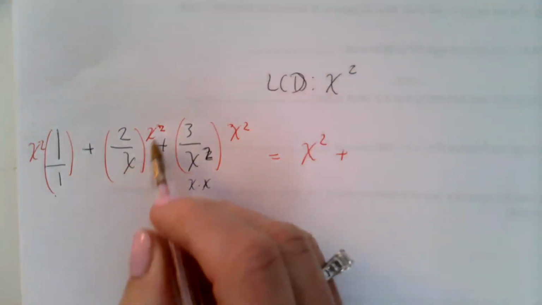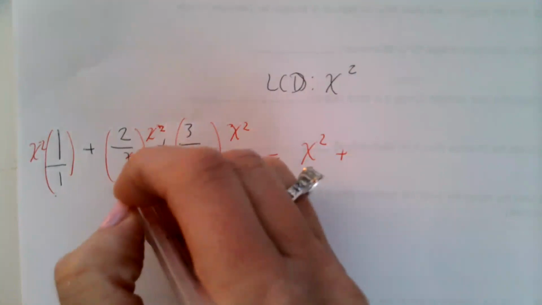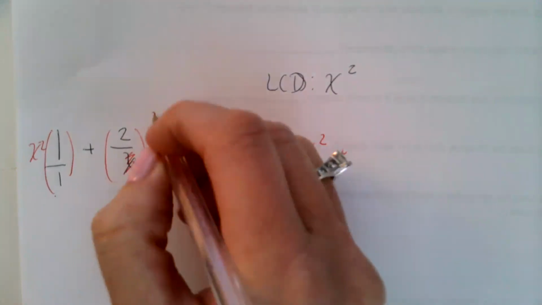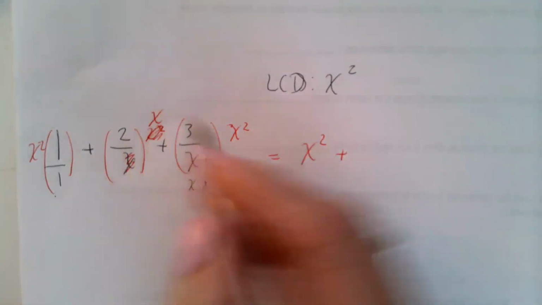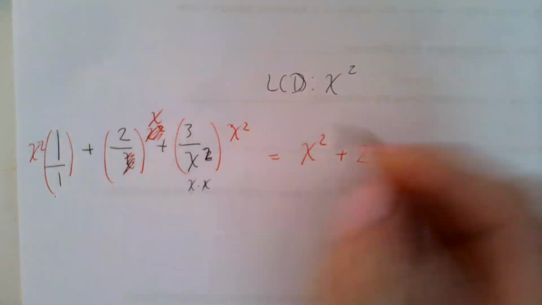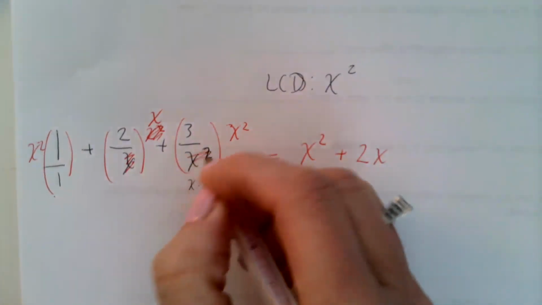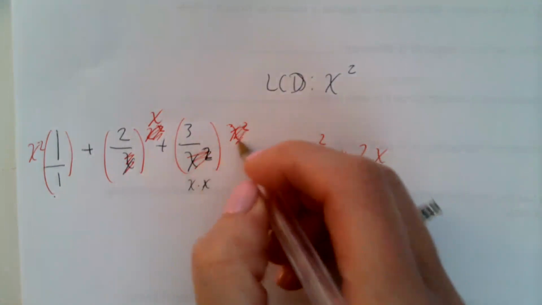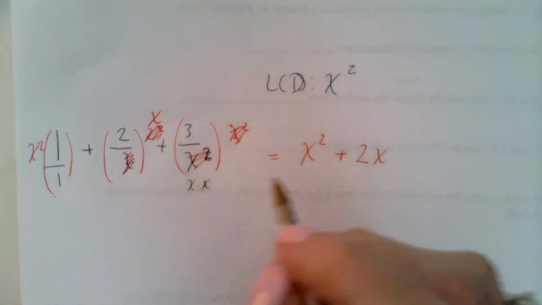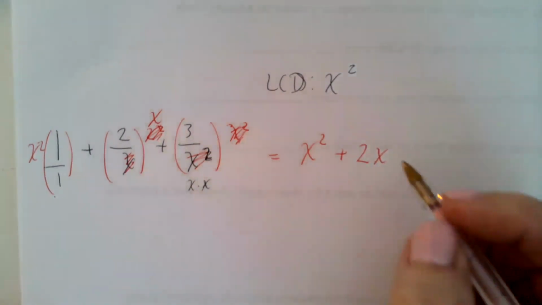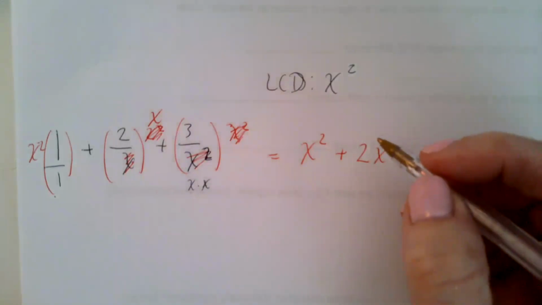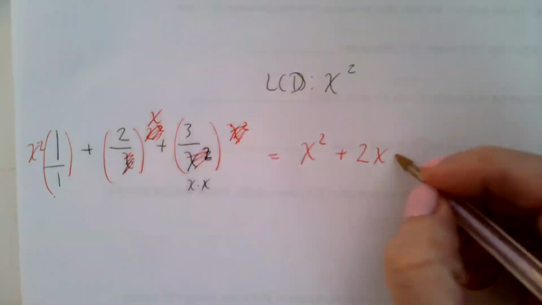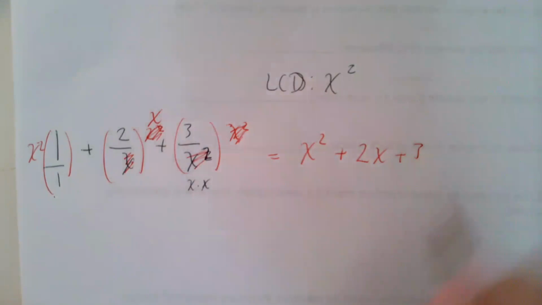And then x and x squared, this x cancels, and we have just an x left here. So we have 2x. And then both x squareds cancel. And we have plus 3.